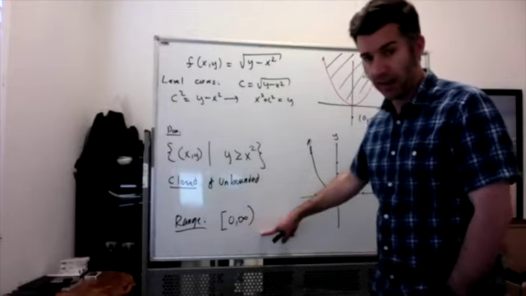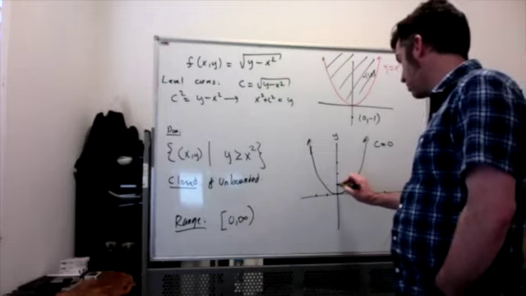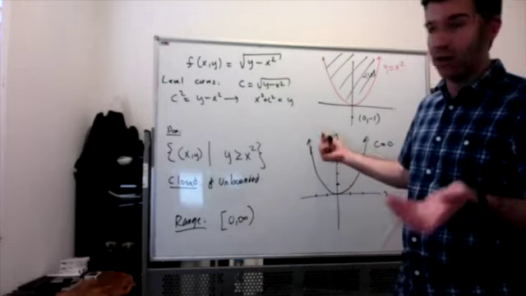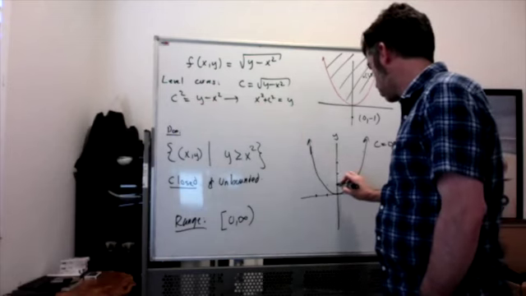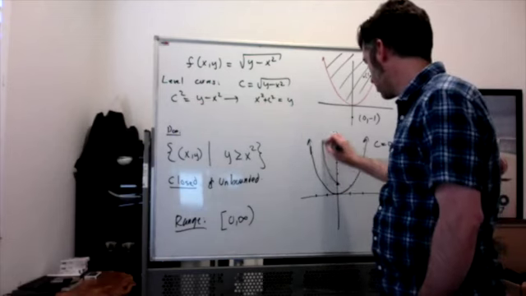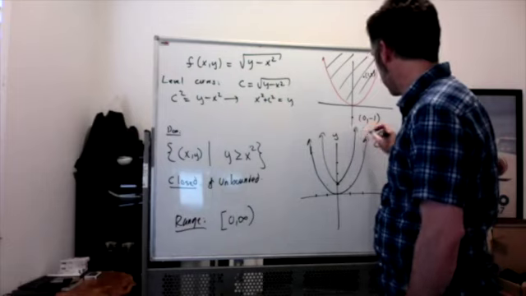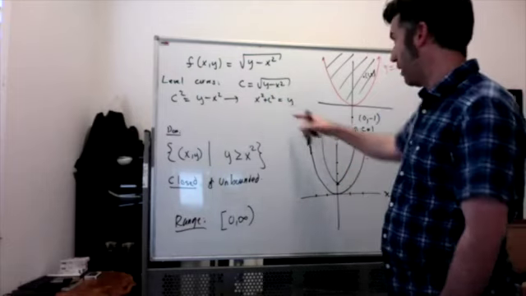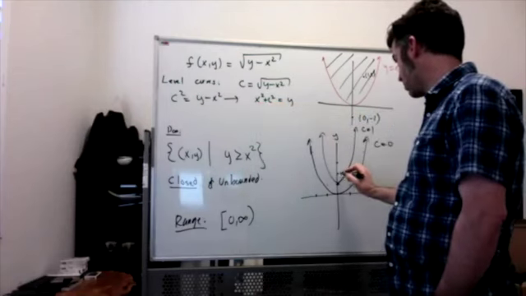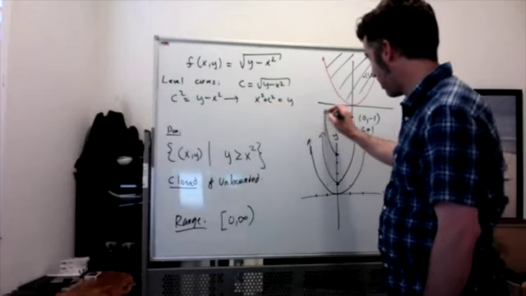And the range is that. So if we pick c equal to 1, we get just the parabola shifted up 1. So c equals 1, we get, my pictures are not going to be good. Right, c equals 1. And then if we pick c equal to 2, we're up at y equals x squared plus 4. Right, so we're looking like that.